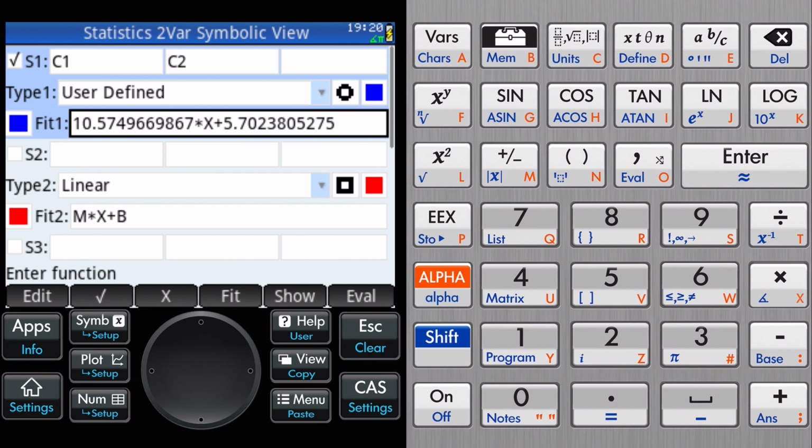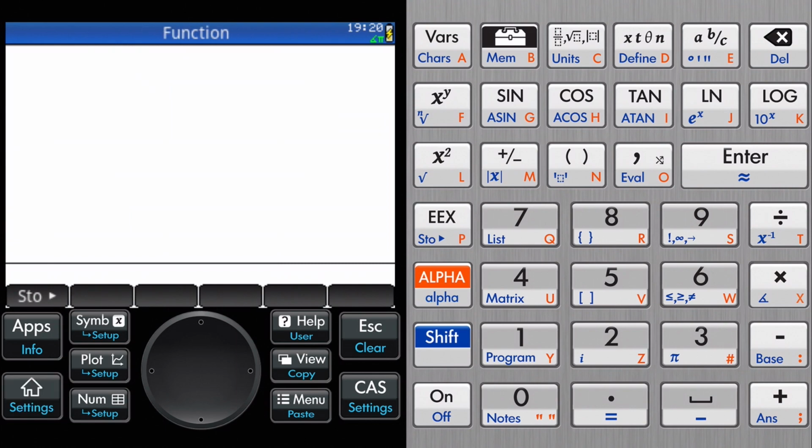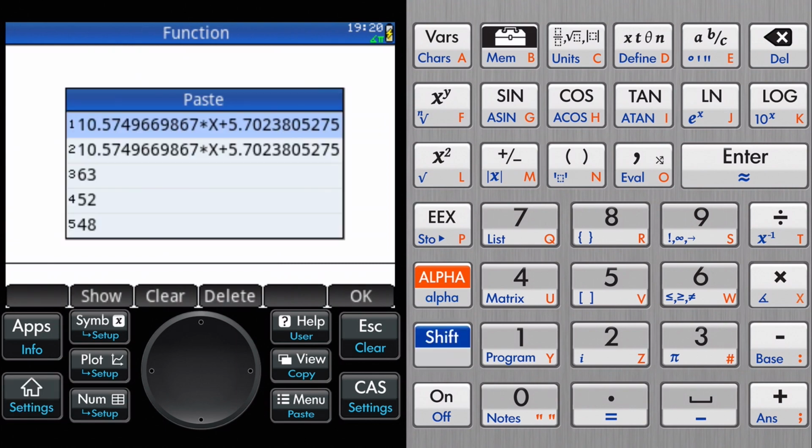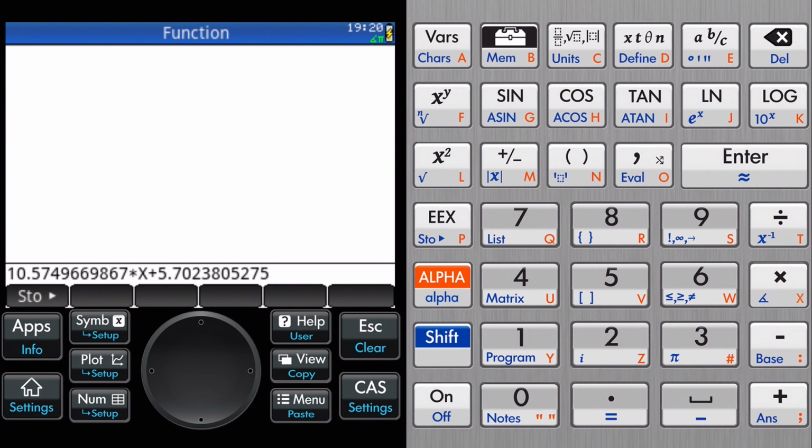Then I'm going to go back to my home screen. In the home screen I'm going to press Shift and paste what I've just copied. I've copied it twice, look. Paste what I've just copied, click OK. But then I'm going to go back using the trackpad and replace the x value. So let's backspace that and put 2.2 for the kilometres.